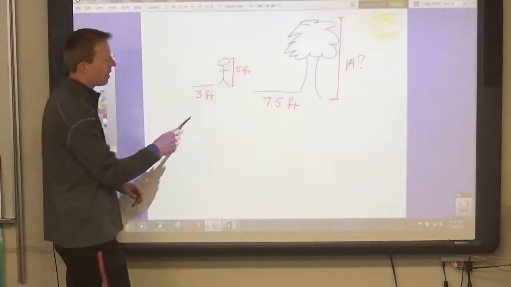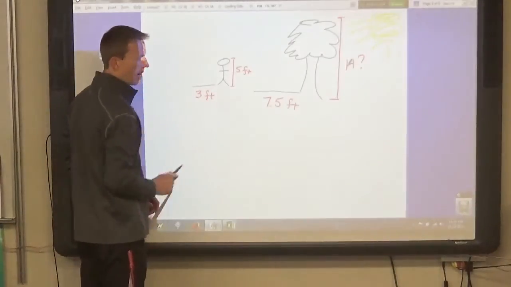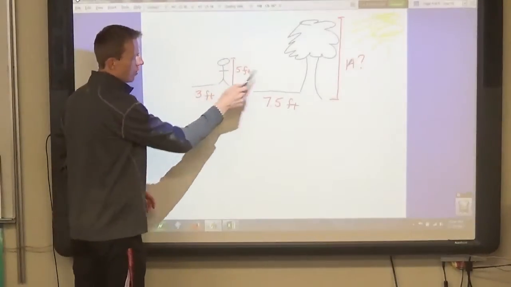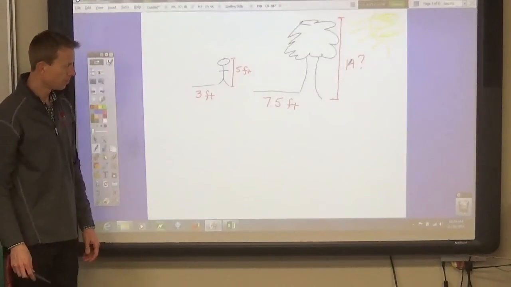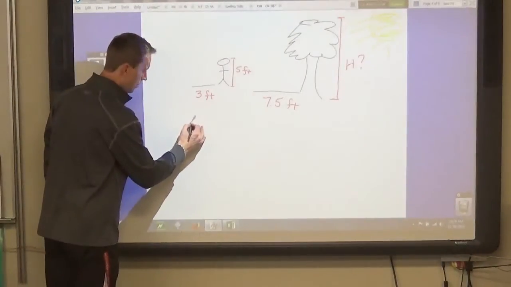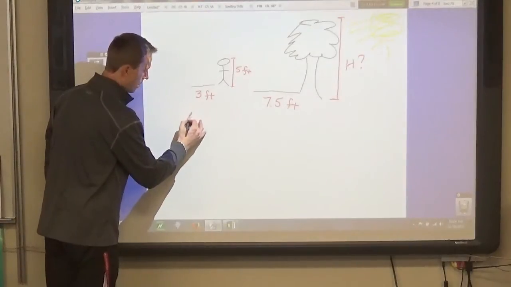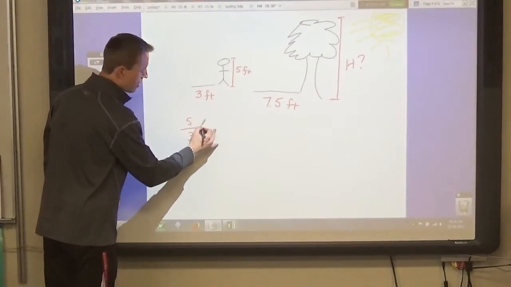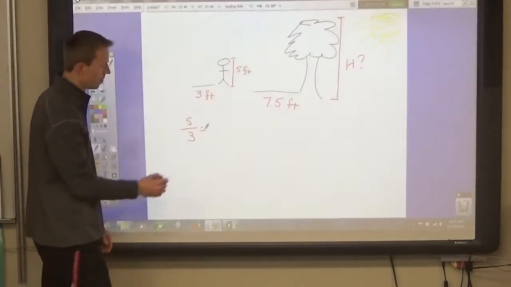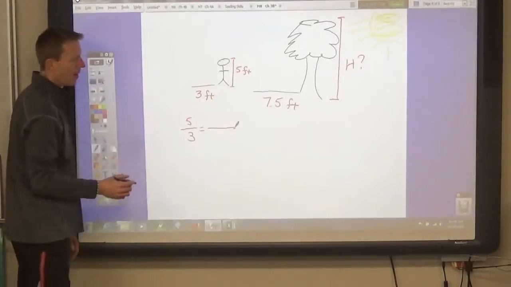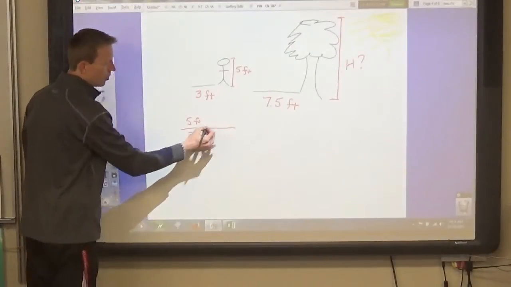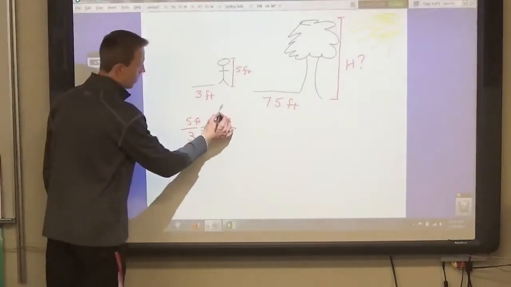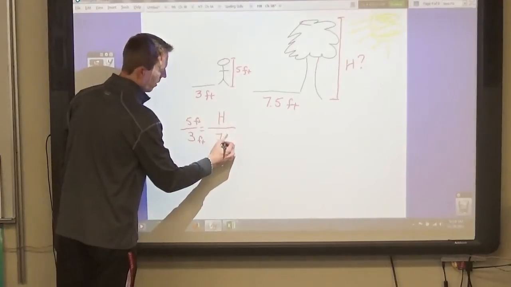So we either need to compare these two in the same way, or these two in the same way. 5 feet over 3 feet is proportional to H over 7.5.